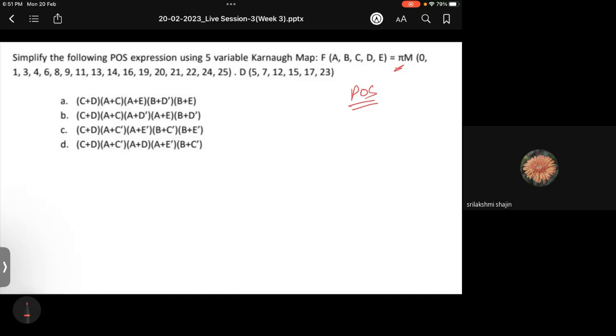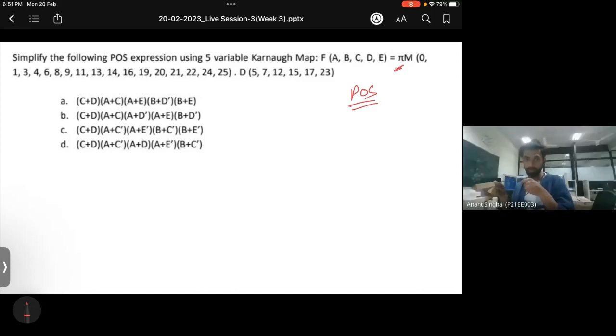Okay, I was not audible. I solved this question now. I hope I'm audible. If I'm not, please type in the chat box.